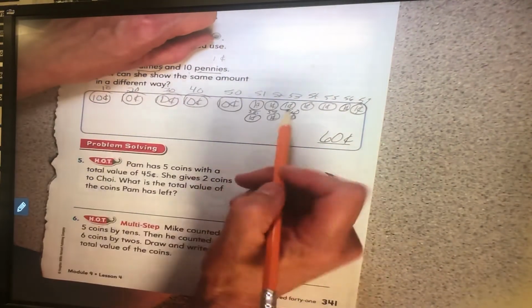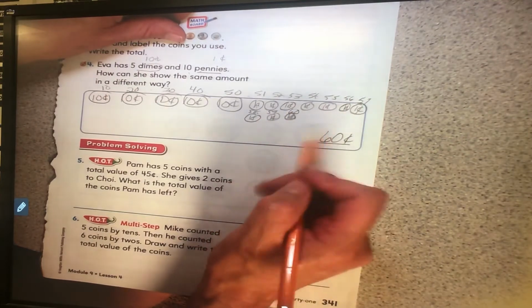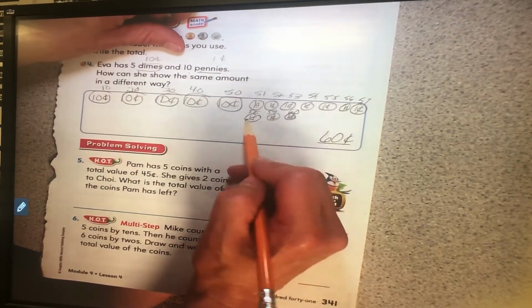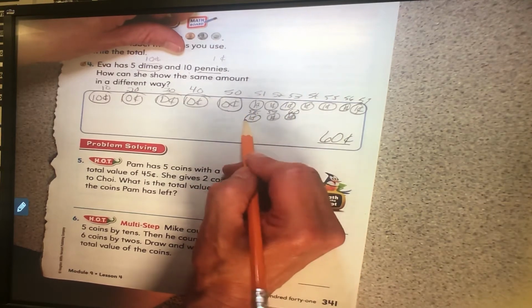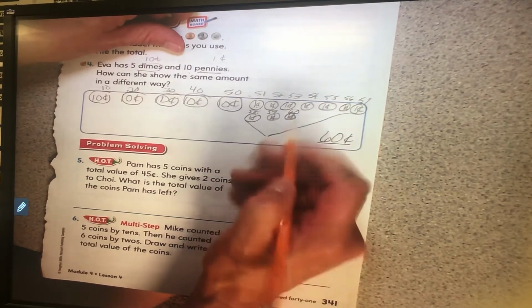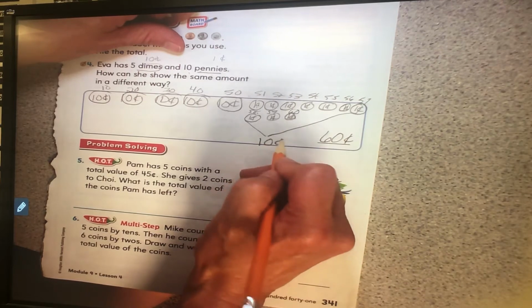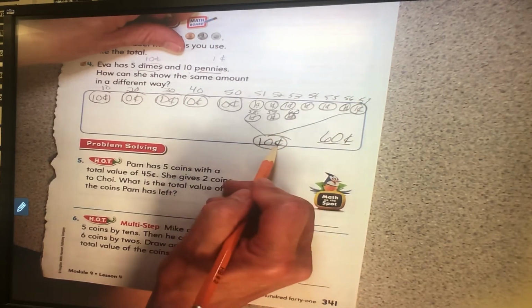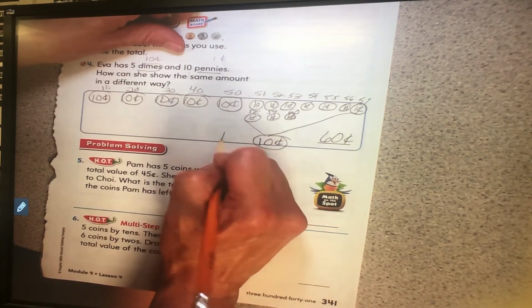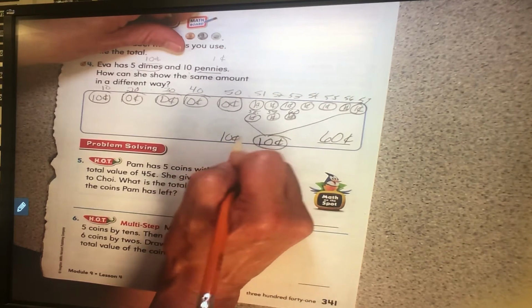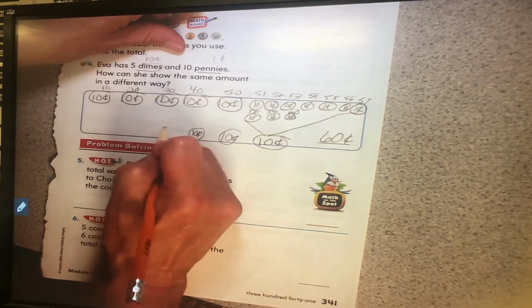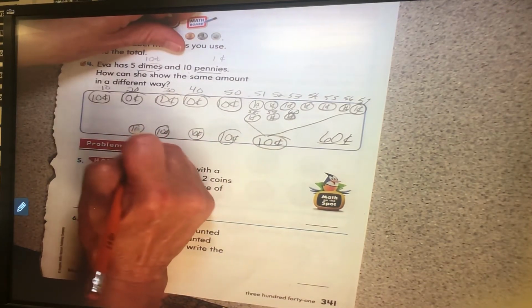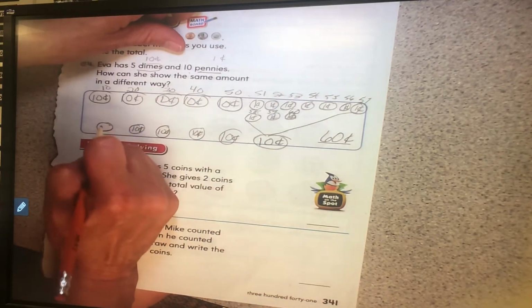Well, I know there are 10 pennies here, and 10 pennies is the same as 10 cents. So what could I do? I could change these all for a what? Dime, 10 cents. So I could have 10 cents, and then I could keep this one the same. 10, 20, 30, 40, 50, and 60.